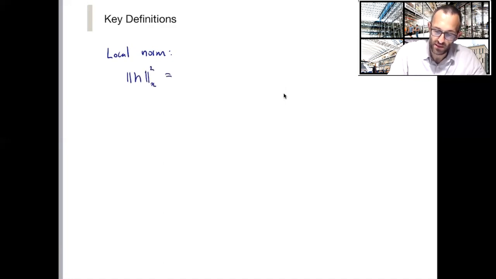This is defined as the Euclidean norm of h, but subject to the affine transformation that we get using the Hessian of f, which, recall, is just defined as h transpose times the Hessian of f times h.